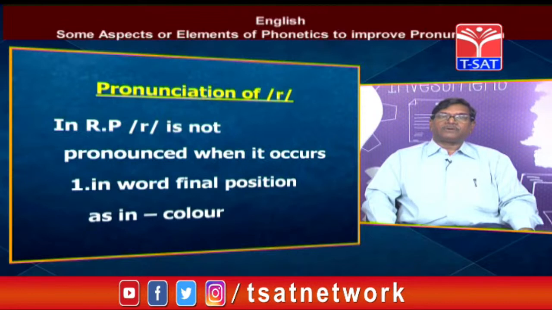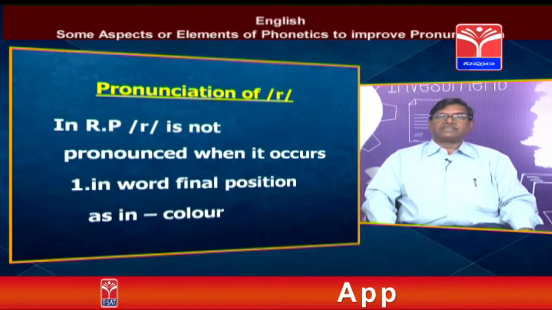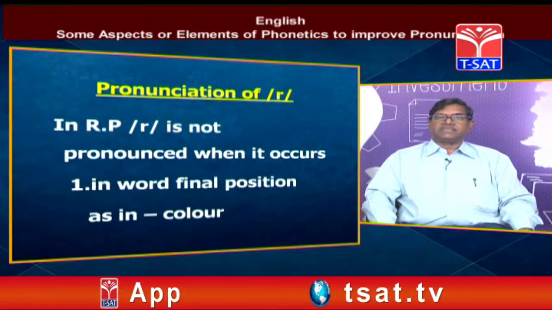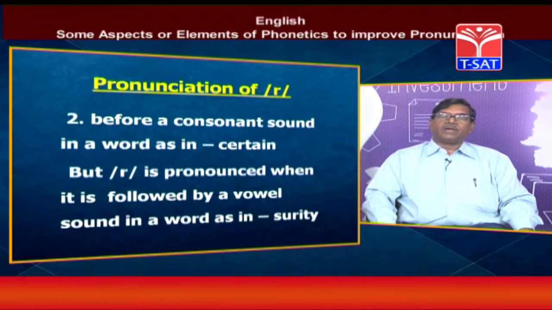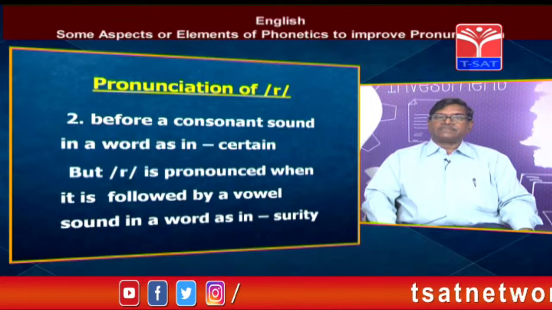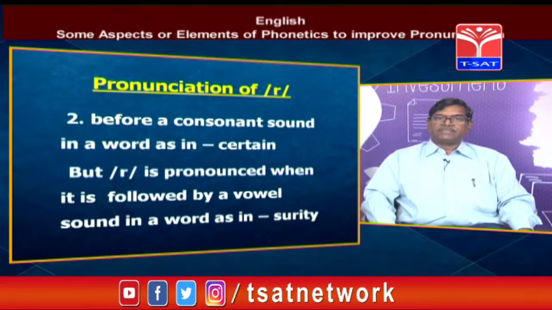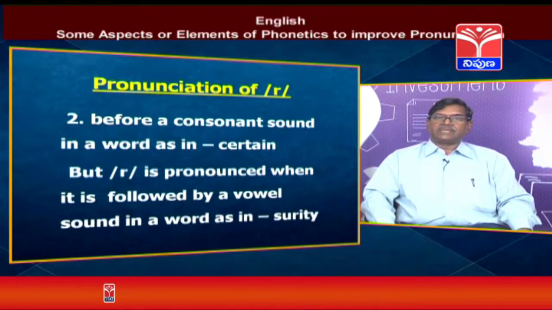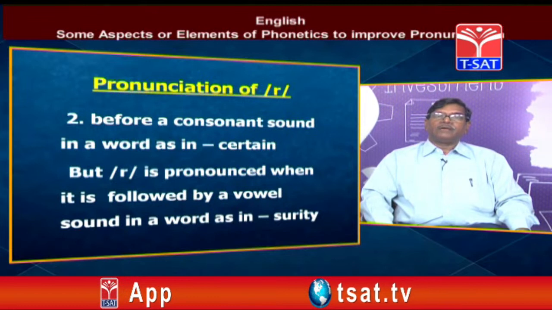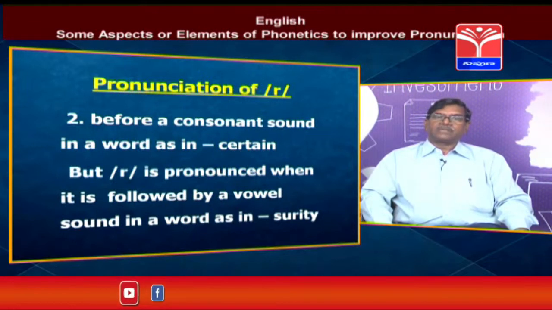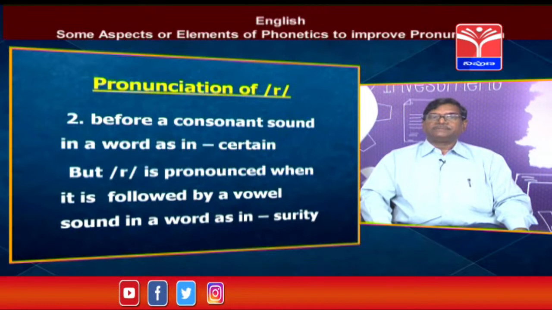R is followed by T, a consonant sound. So, in such case r is not pronounced, certain. But r sound is pronounced when it is followed by a vowel sound, as in the case of surety. R-I-T-Y, rity. So, r sound is followed by a vowel sound. So, r is pronounced, surety.